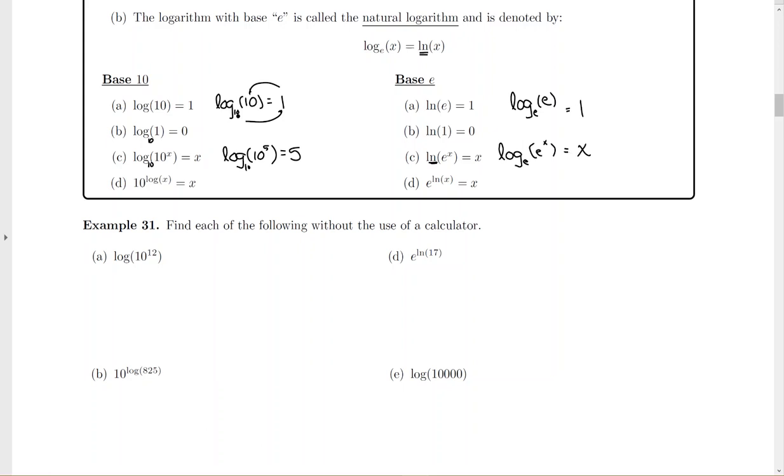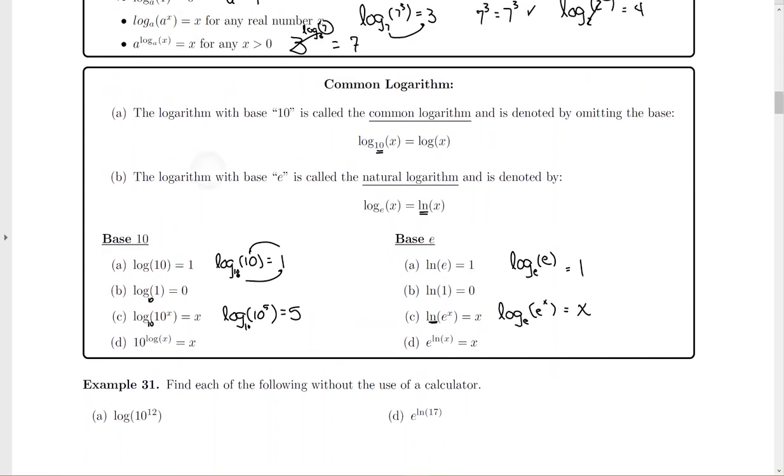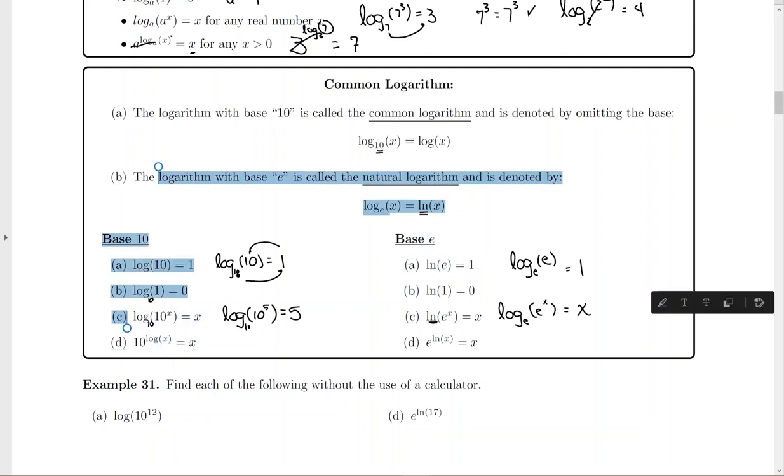And that's just equal to x. And then these follow the same property as here. If these bases are the same, everybody cancels, and I'm left with just the argument.